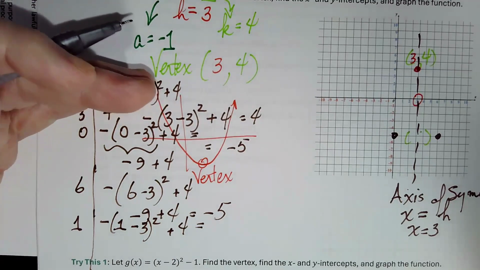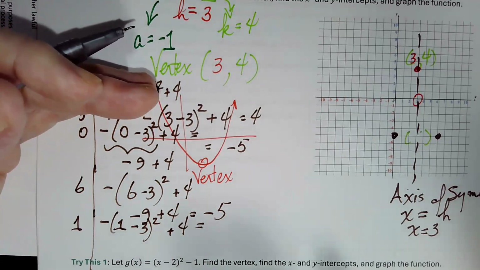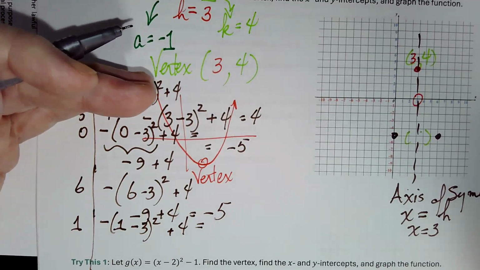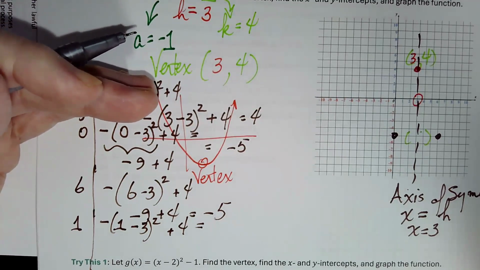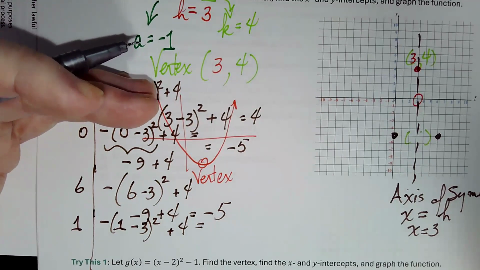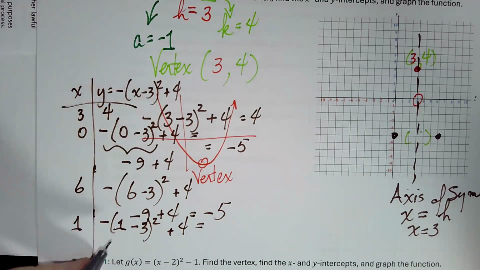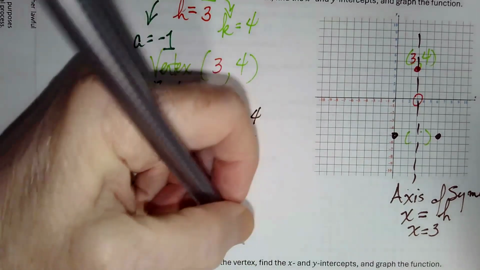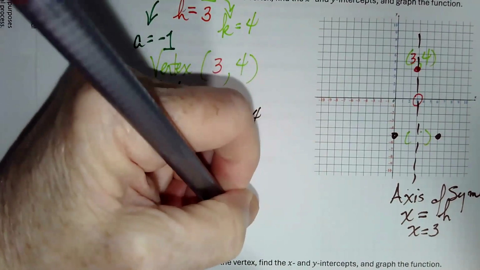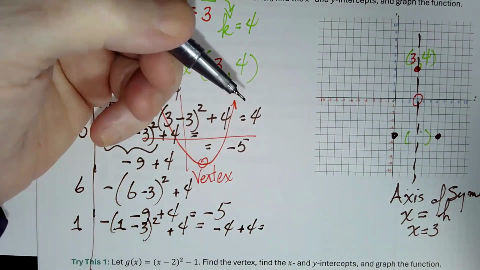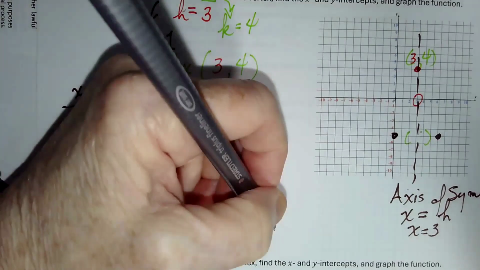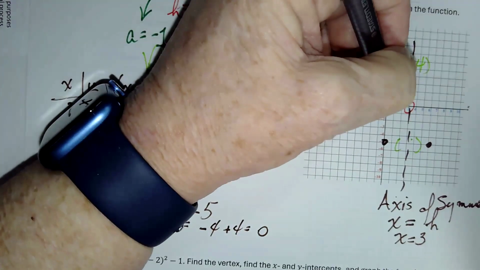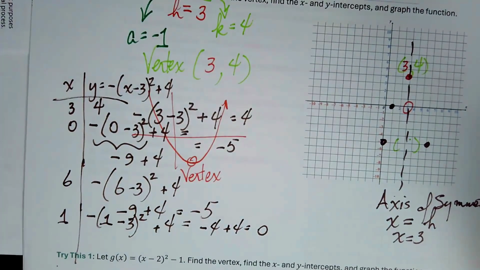Squared gives 4. Good. And now we deal with this negative. So now we have what kind of value? Negative 4. So negative 4 plus 4. We get 0. When we get a 0, where will the mirror point be?